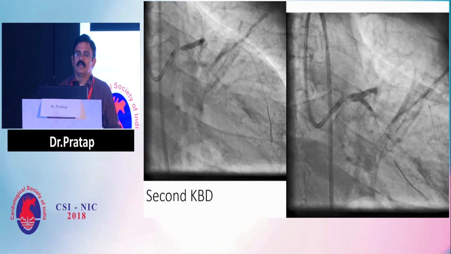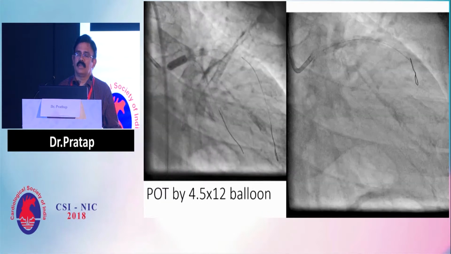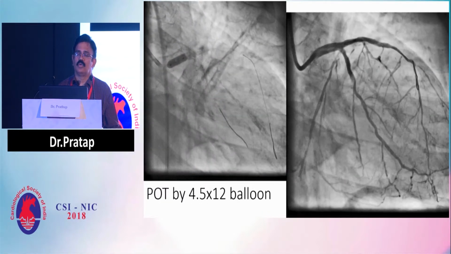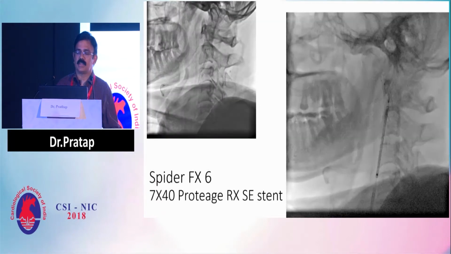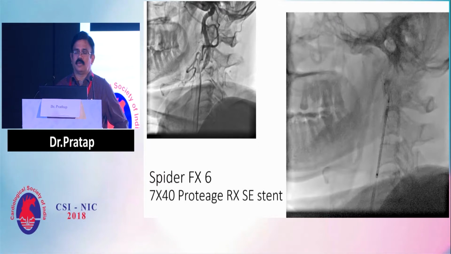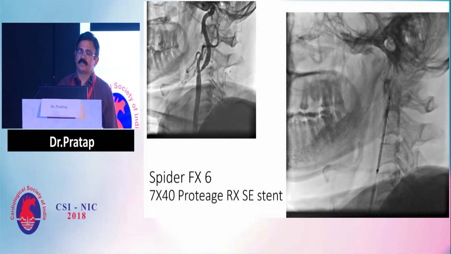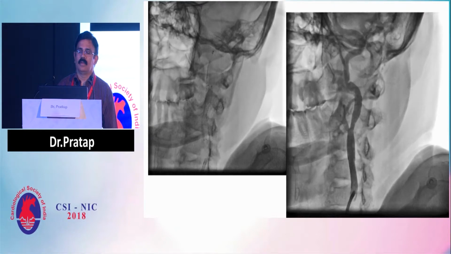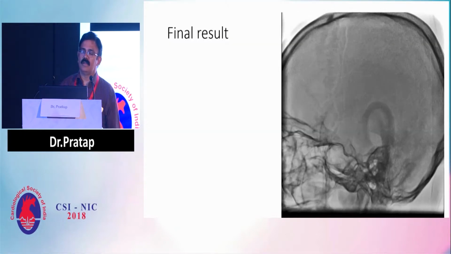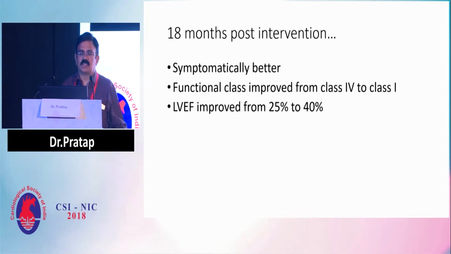Kissing, 2 stents and finished the procedure. Then after 6 weeks, we did a carotid artery intervention. Doing very well. Patient is now symptomatically better and functional class improved from class 4 to class 1 and LVEF improved from 25 to 40%.